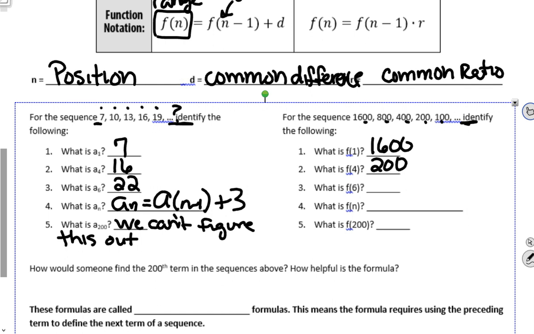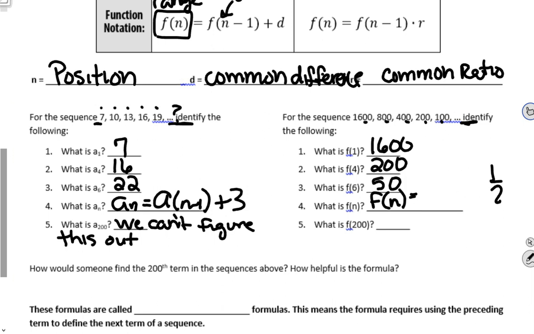It is multiplying by 1/2, so it's 50. F of n, that is our function rule. F of n is equal to F of n minus 1 times 1/2. Remember that these are written really small, so it's times 1/2. There you go.